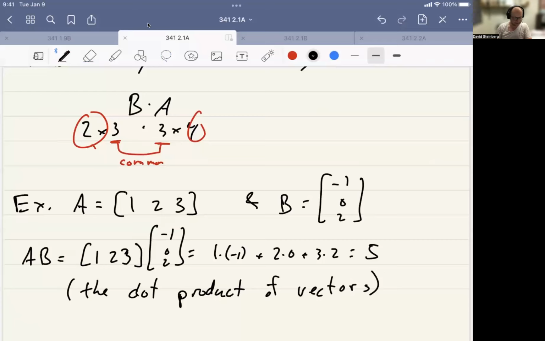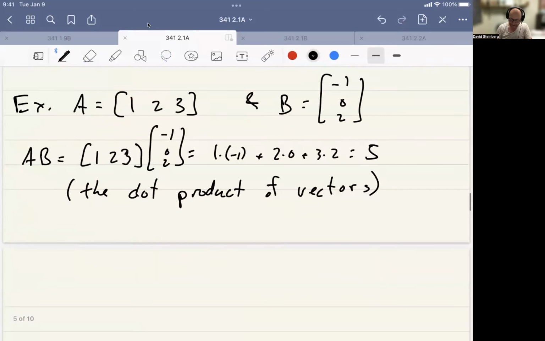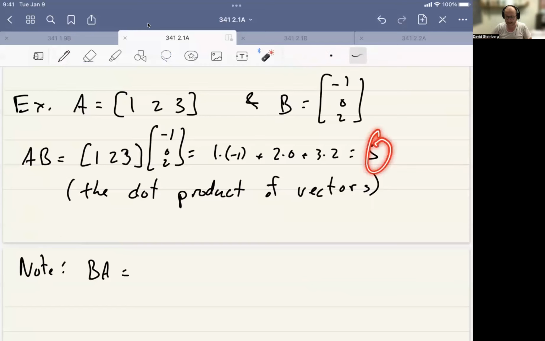We could also multiply. So note, BA also makes sense here. And they're not at all, not even close to the same thing. A times B is a scalar value. It's 5. B times A is going to be a 3x3 matrix.